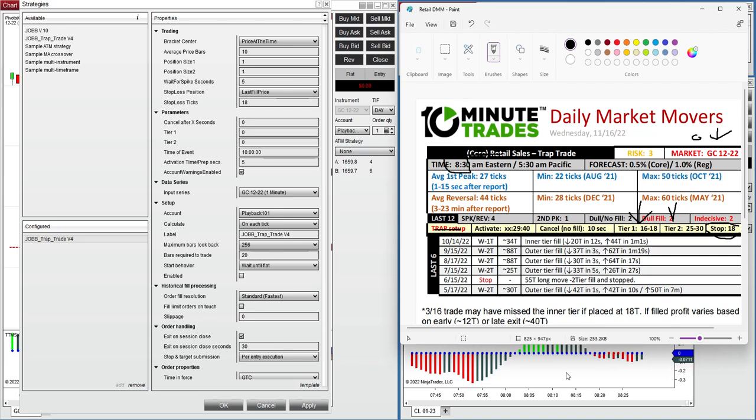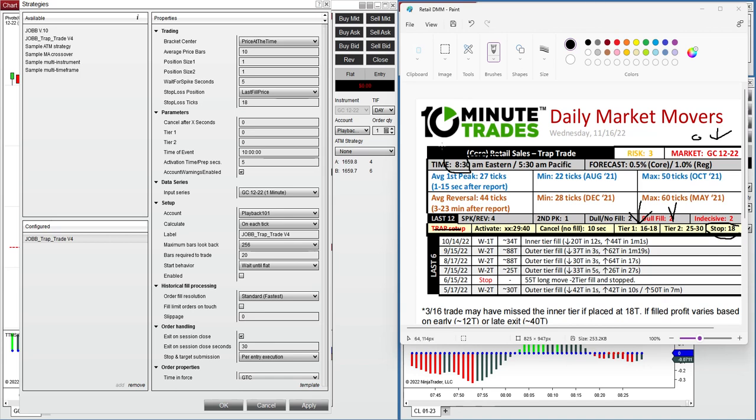So it means that the bracket could be 16, 17, or 18 for Tier 1, and it could be 25 to 30 for Tier 2. It's just the nature of a trap trade. It's more flexible than a breakout. So your orders can be a little more flexible.